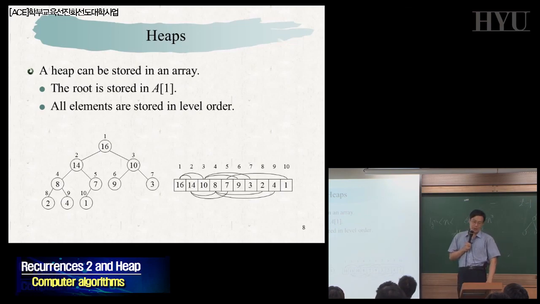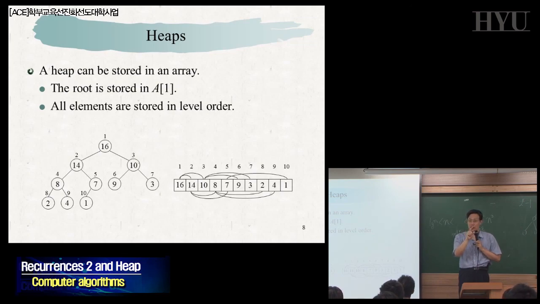And now I'll explain the implementation of a heap. Even though it looks like a tree, it is stored in an array. Why? You know how to implement a tree, okay? A node is a record or a class or a structure.